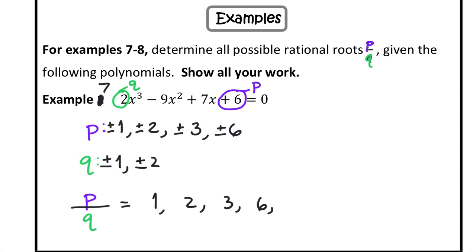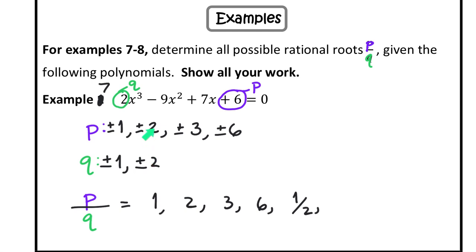Alright, so we've divided all the p's by the q value of 1. Now, let's divide all of the p's by the q value 2. So 1 divided by 2, that's 1/2, comma.